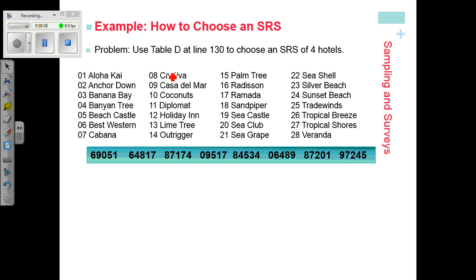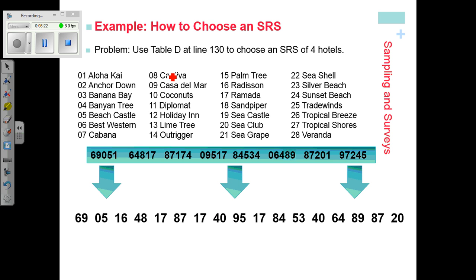And next, we want to look at the random number table. So we've given it just like this here in blue. Go along, and the first pair of 2-digit numbers is 69, and of course we don't have a 69, so we ignore that one.